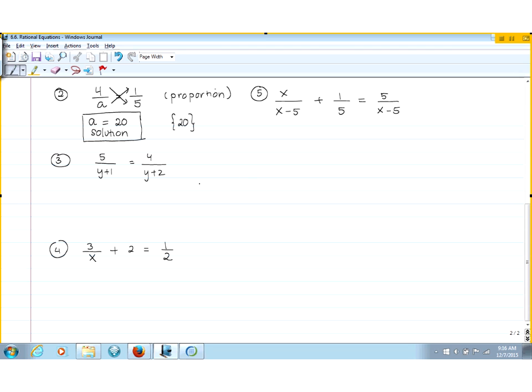And then number 6, which is a little bit longer. 3x over x minus 4 is equal to 2x over x minus 3 plus 6 over x squared minus 7x plus 12.